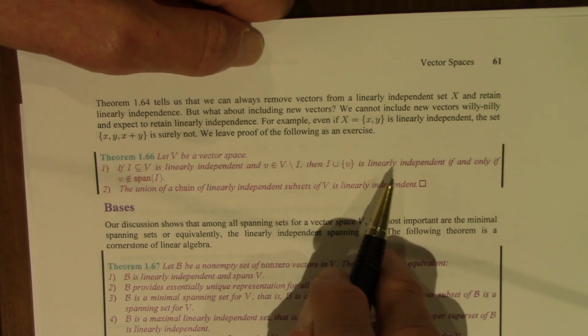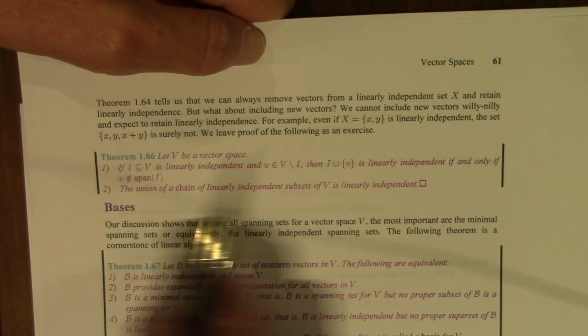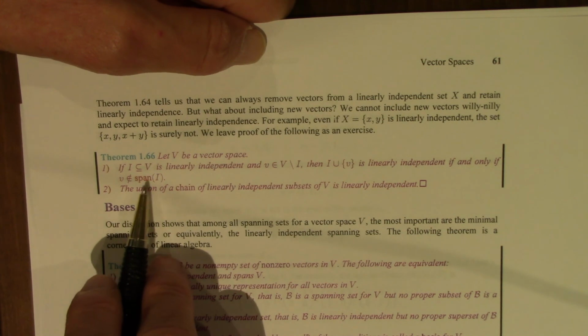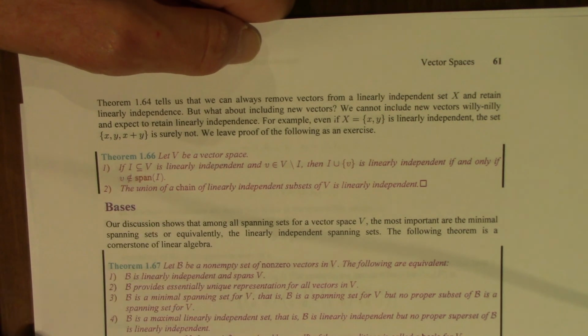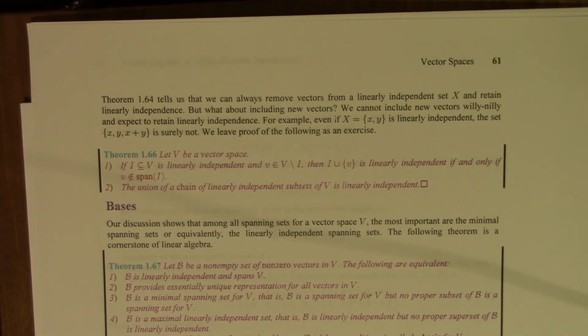It will be linearly independent if and only if the little vector v is not in the span of the vectors in I. In other words, we can throw in a new vector to an independent set and preserve independence, provided the new vector was not a linear combination of what we already had.